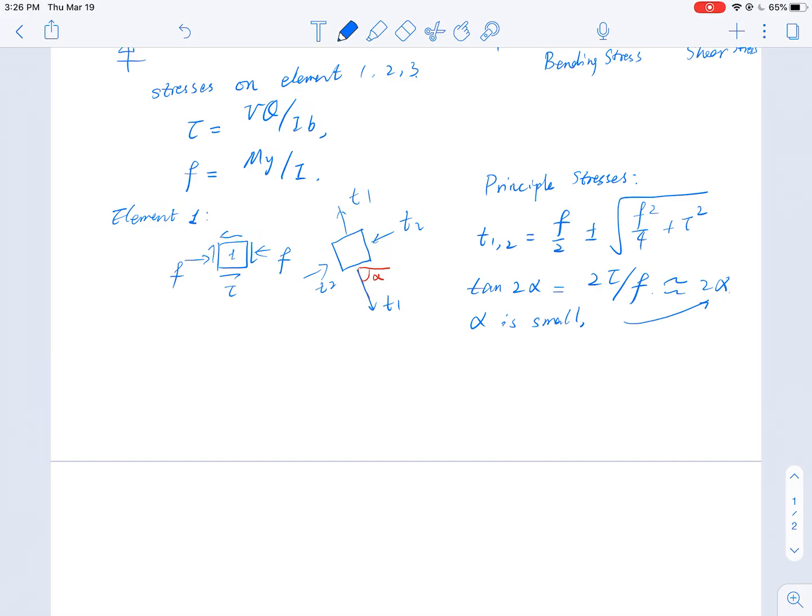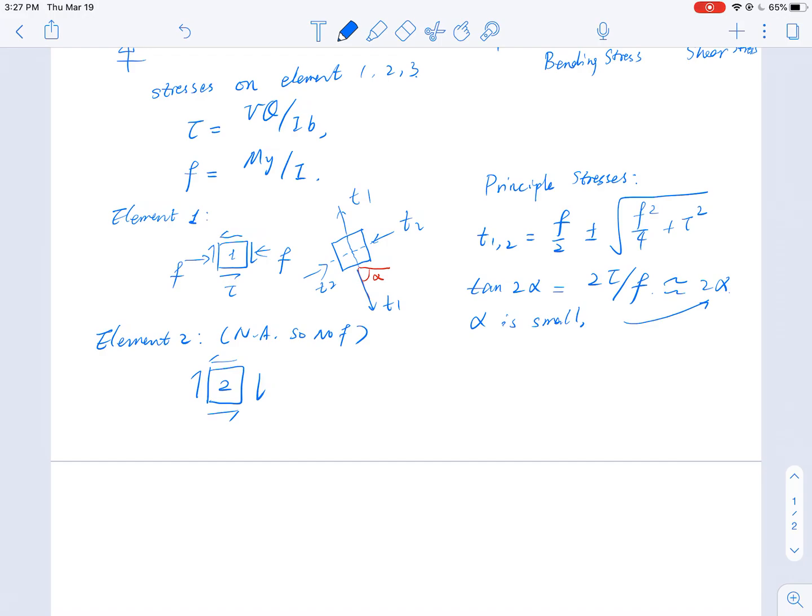And I have compression going this way, tension going this way. All right, for element 2, since I don't have any compression or tension stress since it's on the neutral axis, I only have pure shear.